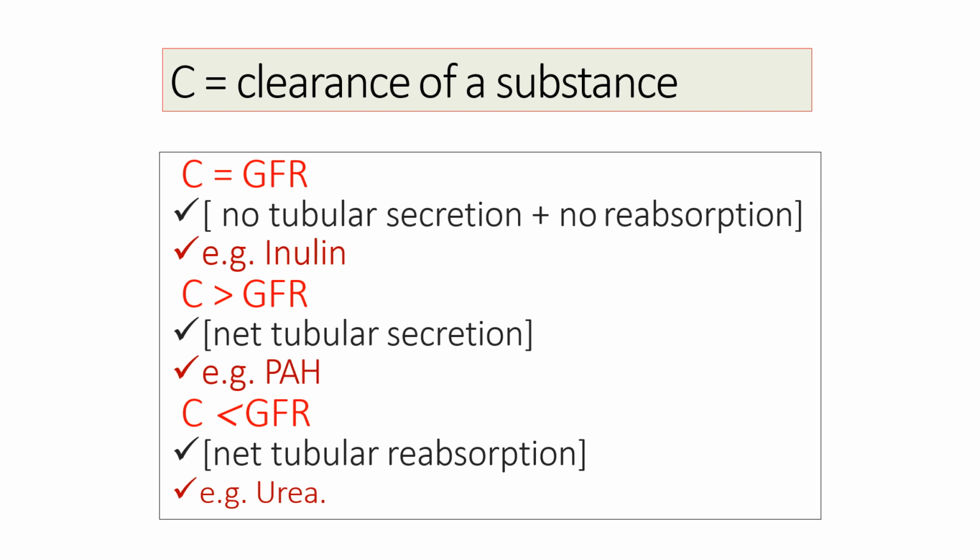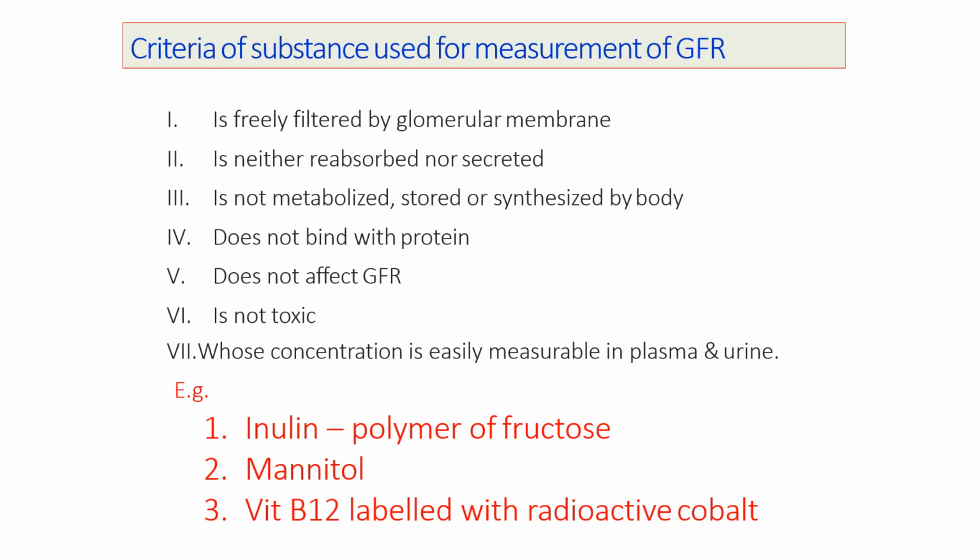In these three conditions, we should take a substance whose clearance is equal to GFR so that we can tell the exact value of GFR. The most commonly used substance is inulin.